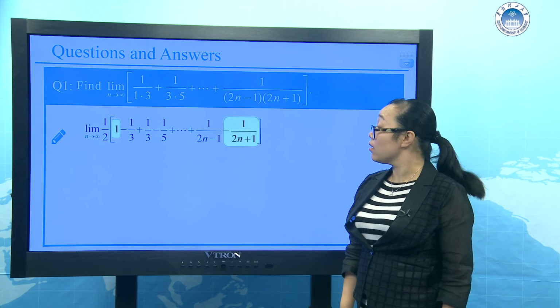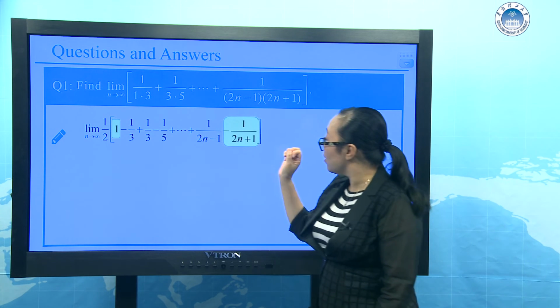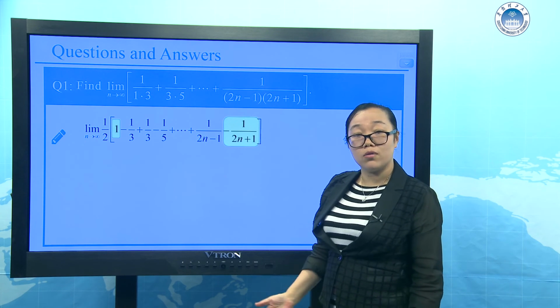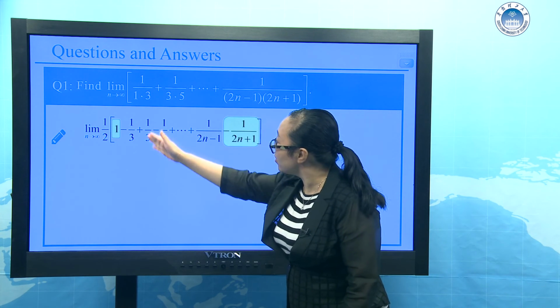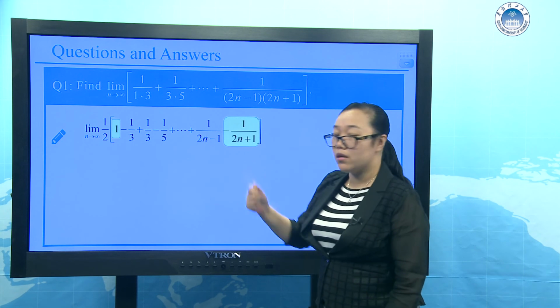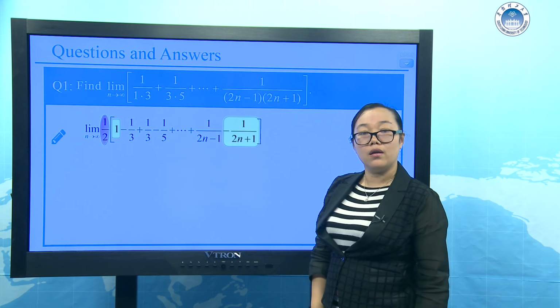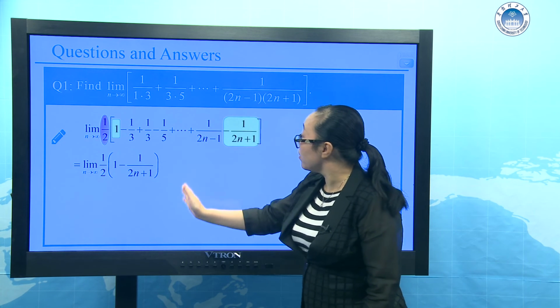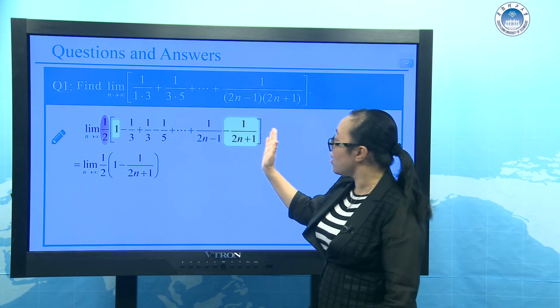So pay attention to the first term and the last term. How about the middle terms? You're so happy because a minus and a positive together equal 0. So finally it equals half times the bracket of the first term and the last term.